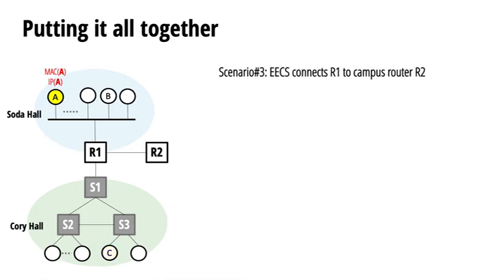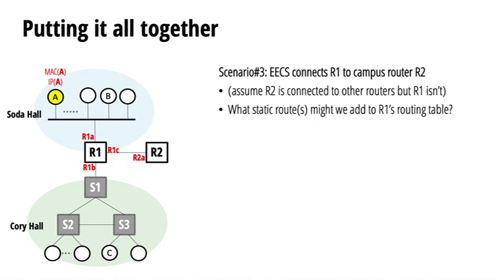Now let's make this a little bit more complicated. So now let's say R1 is connected to a campus router R2. And just for simplicity, I'm further simplifying my notation here. And let's assume R2 is connected to other routers, but R1 isn't. Continuing a little bit with our configuration, what static routes would we add to R1?